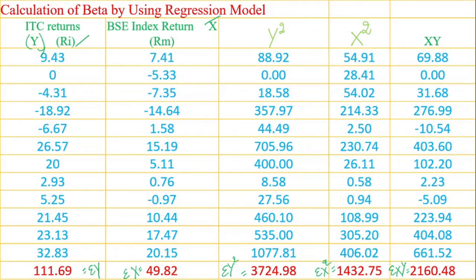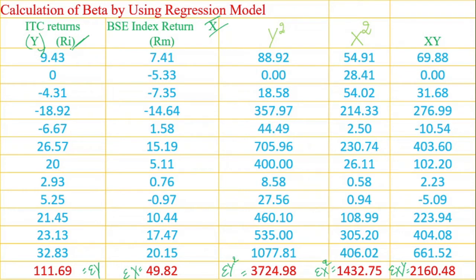In this method, we are going to take ITC returns as Y and BSE index returns as X. Y is indicated with RI, X is indicated with RM, that is market returns.